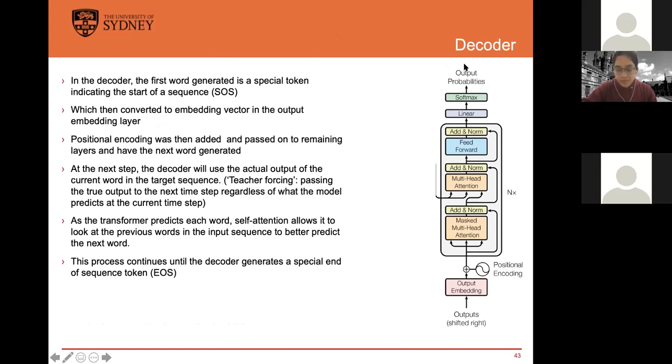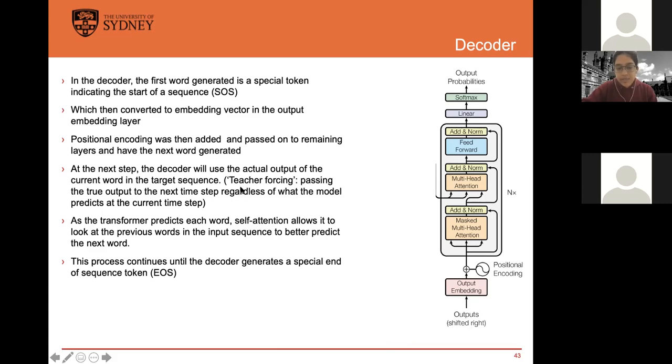But irrespective of that, when it goes to predict the second word, the actual word, that is "the", is provided as input to this decoder layer. This is also known as teacher forcing, which passes the true output of the next time step, regardless of what the model predicts at the current time step. It helps the model to do a better prediction for the next word.